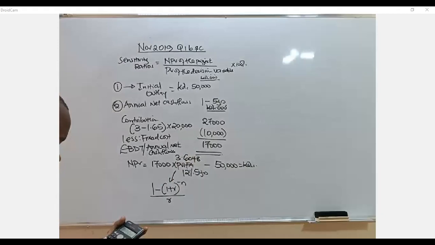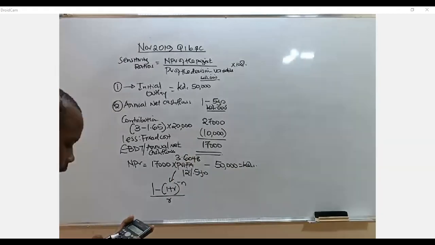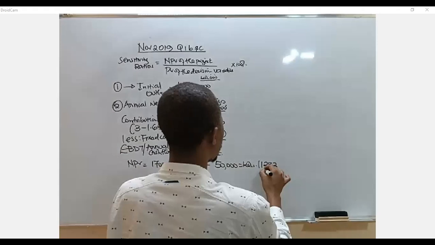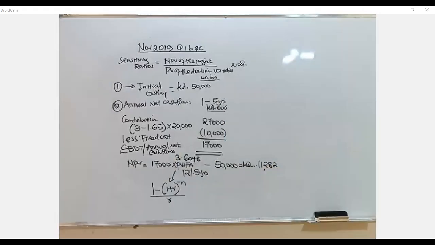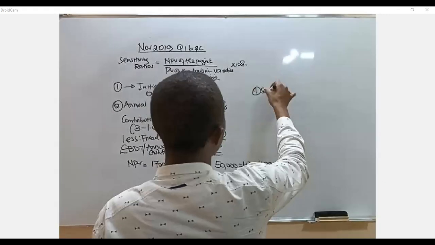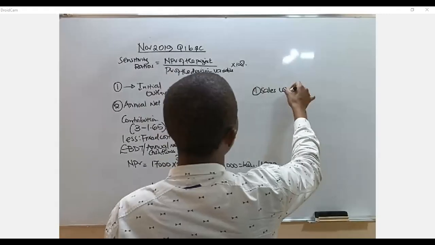So I multiply 3.6048 by 17,000, then I subtract 50,000. I'm getting 11,282.